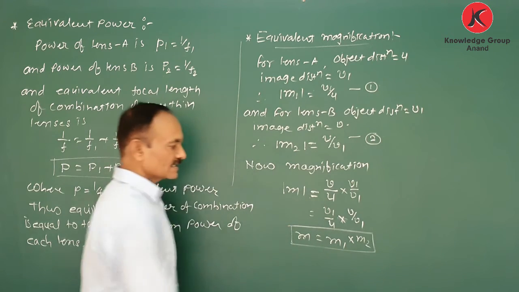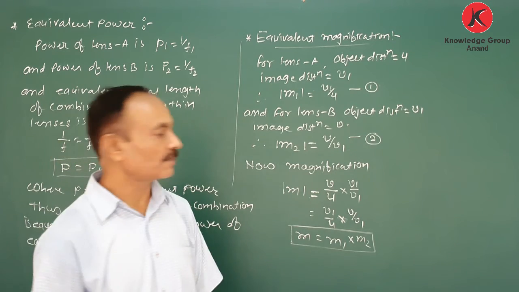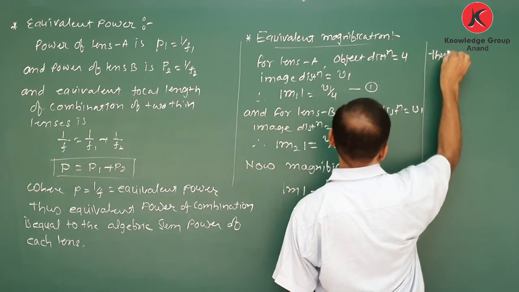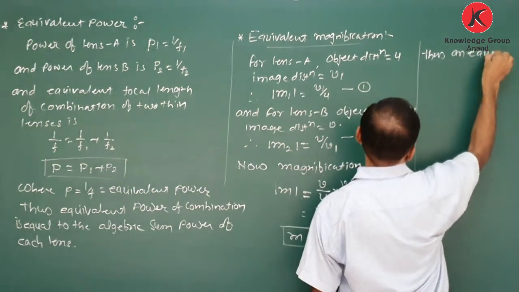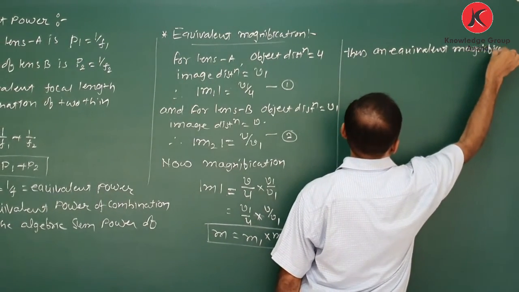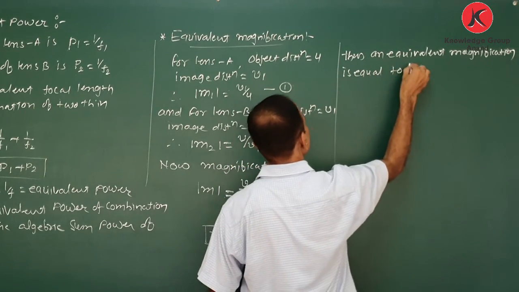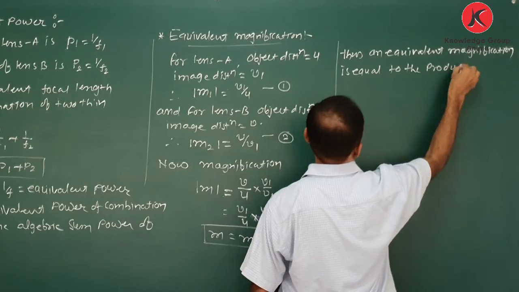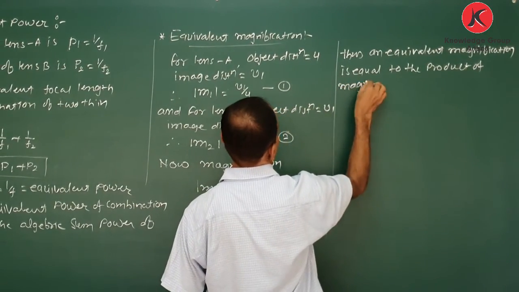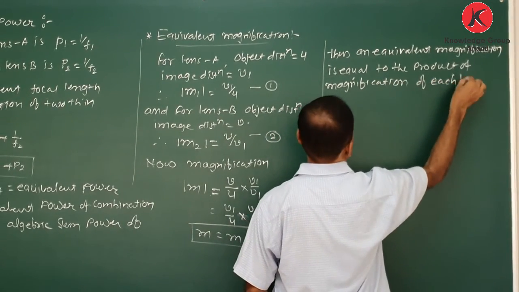Thus, the resultant or equivalent magnification is equal to the product of the magnification of each lens in combination.